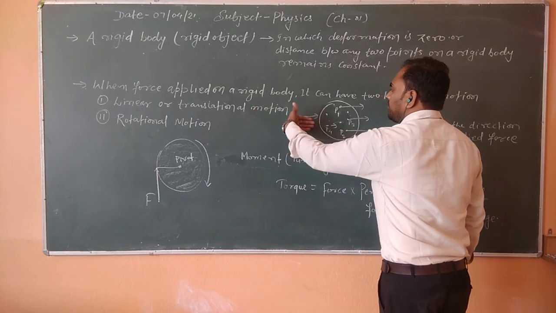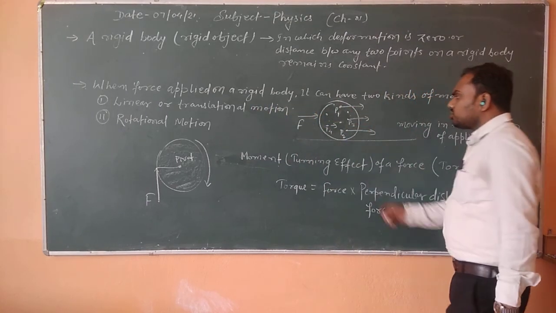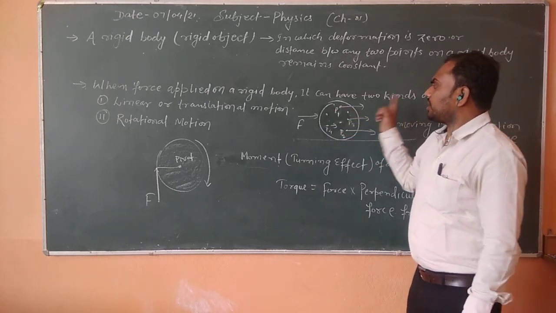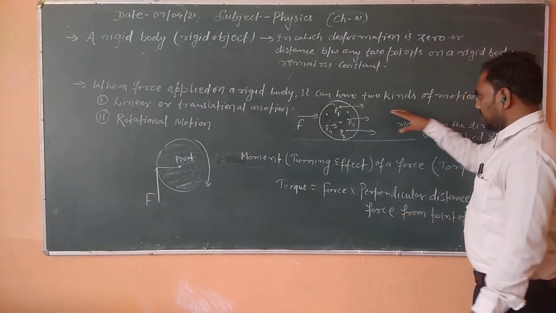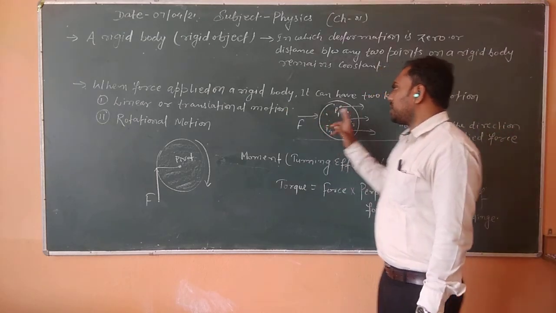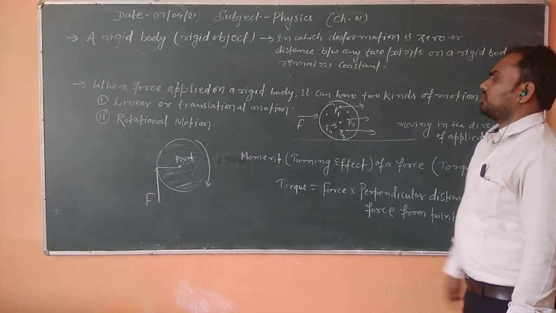If we apply force on this body, and all these particles start moving in the direction of the force, in a straight line, then we say that the body has a motion called linear motion or translational motion.